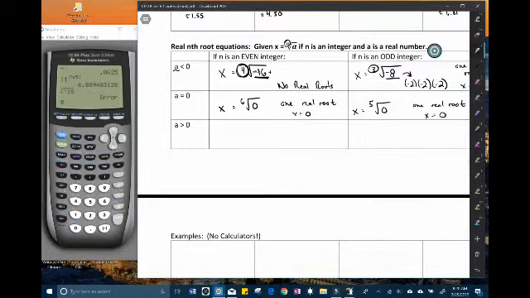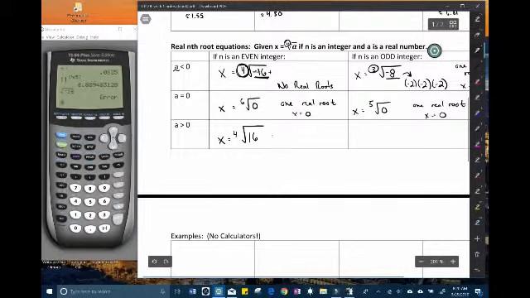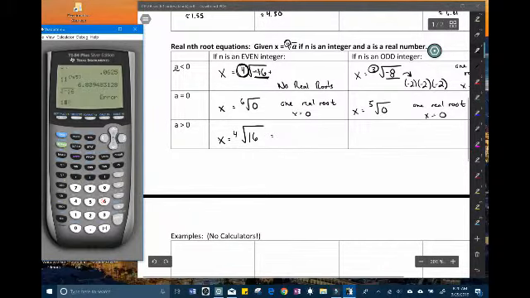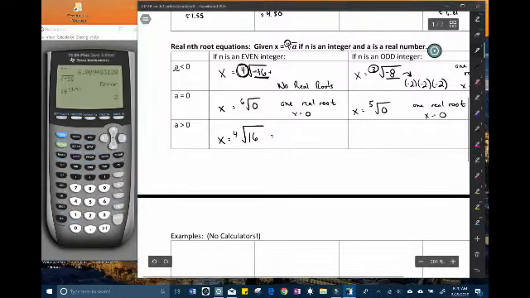The last thing to notice here, so let's say our index is again even, and we want to take the square root or the fourth root of positive 16. This one exists, because we have a positive number. So if we were to think of 16 to the 1/4, you get 2, and it is positive or negative 2.